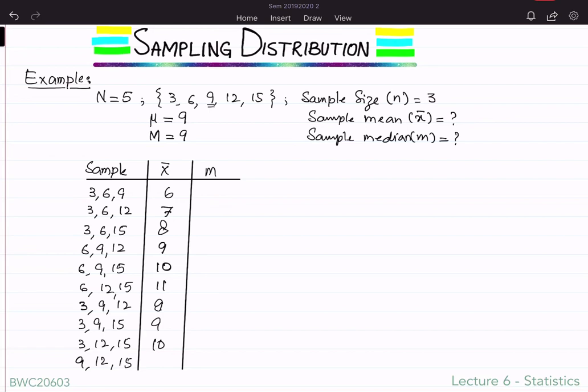And then 9 plus 12 plus 15 divided by 3 is 12.